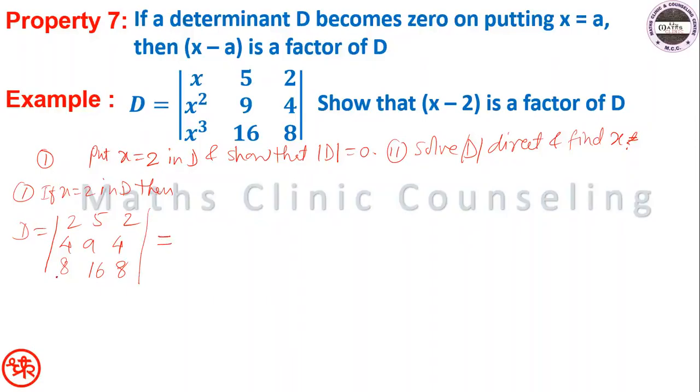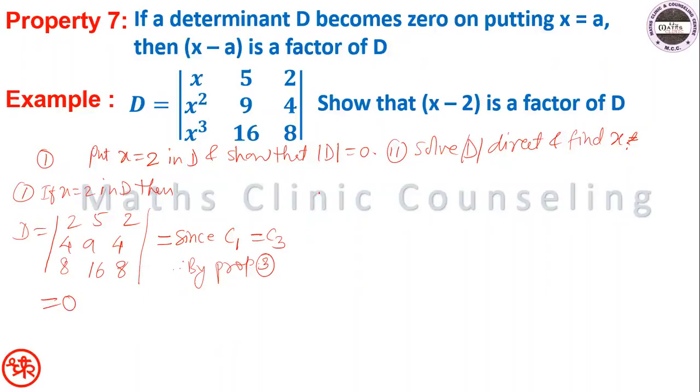Let us think. You can find here, since C1 equals C3, by property, which property? If any two rows or two columns are identical, that is property number 3. So the determinant of D equals 0.